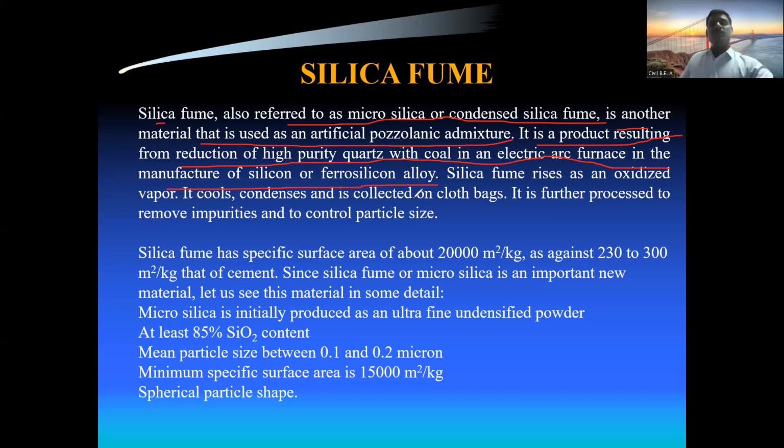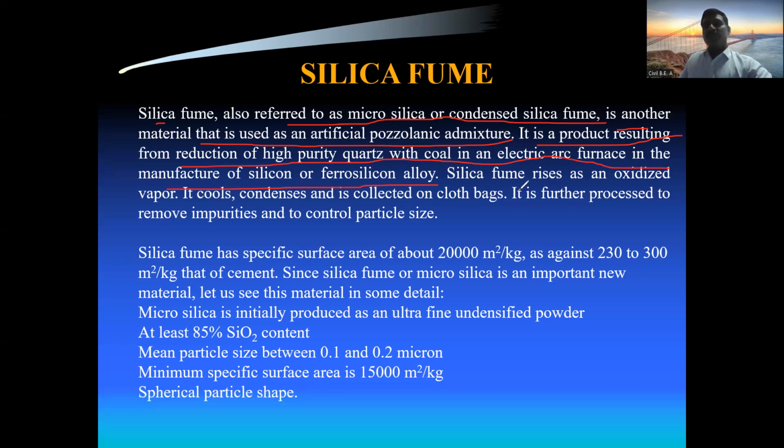Generally this silica fume is prepared by the reduction of high purity quartz with coal. So how is it manufactured? We manufacture it with this quartz and coal in an electric arc furnace in the manufacturing of silicon or ferrosilicon alloy.